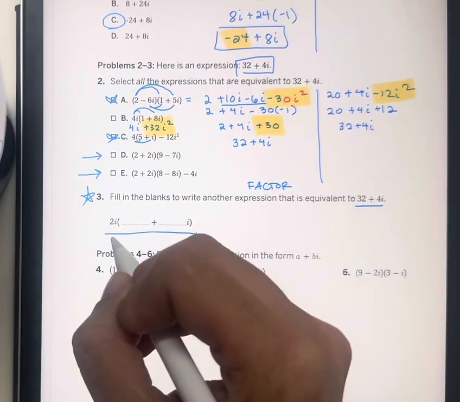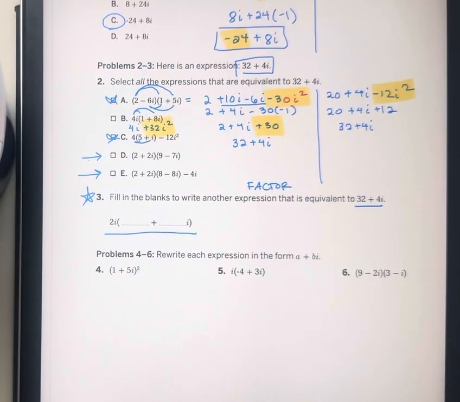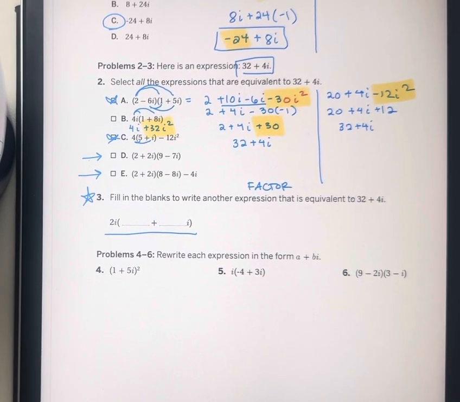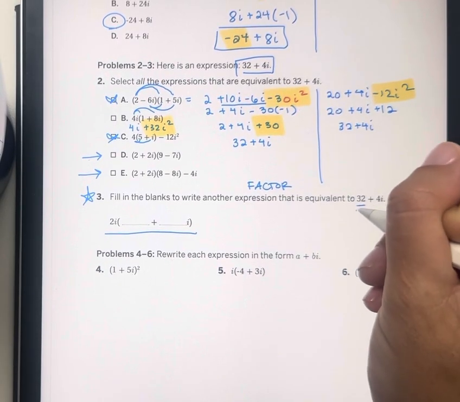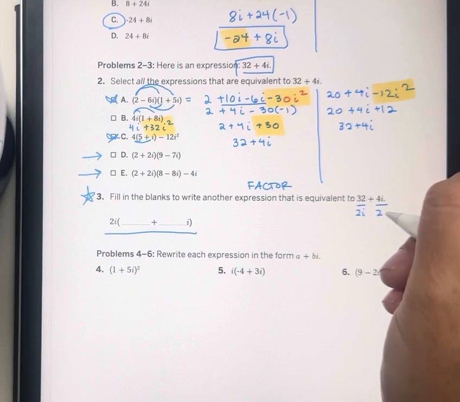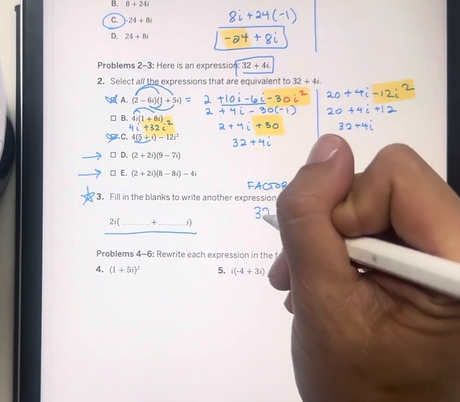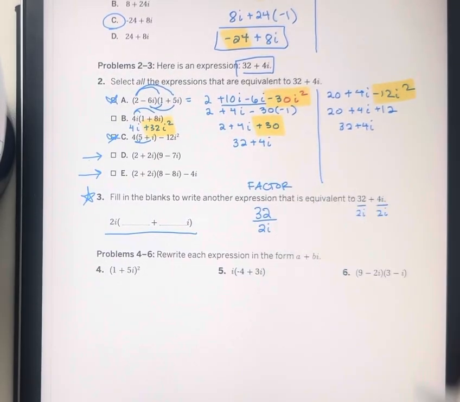If we're factoring a 2i out, do you notice that they're factoring out a 2i? Remember that when you factor something out, what operation are you really doing? Yeah, you're dividing. So that means divide this by 2i and divide this by 2i. So we have 32 divided by 2i that we have to simplify.